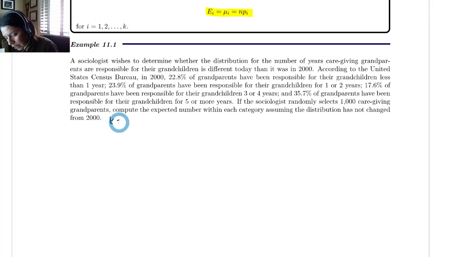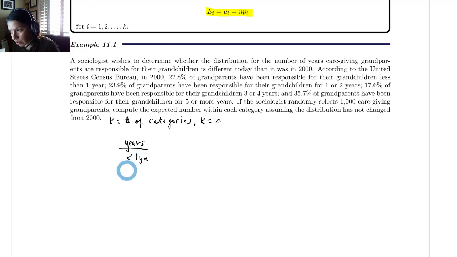So k is equal to the number of categories, and in this case, k is equal to 4. And so I would go ahead and maybe start a table, putting the years of caregiving: less than 1 year, 1 to 2 years, 3 to 4 years, and then 5 or more years.